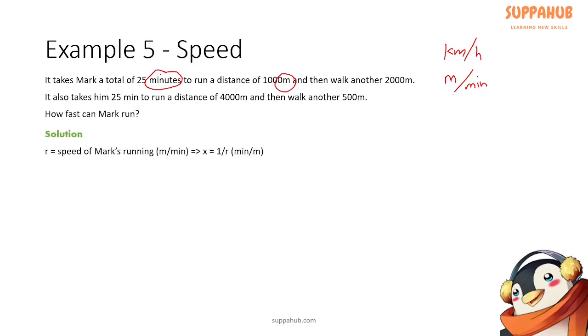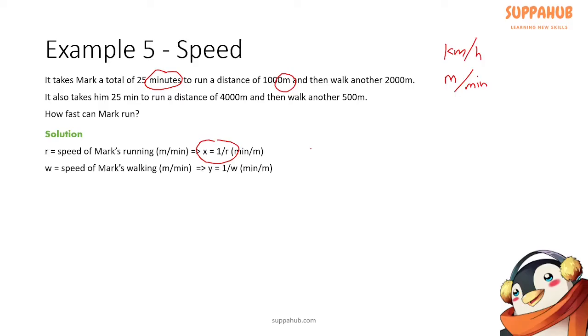In this case, let R denote Mark's running speed, in meters per minute. X will be the inverse, so X is the inverse of speed. Why do we do that? I will explain later.